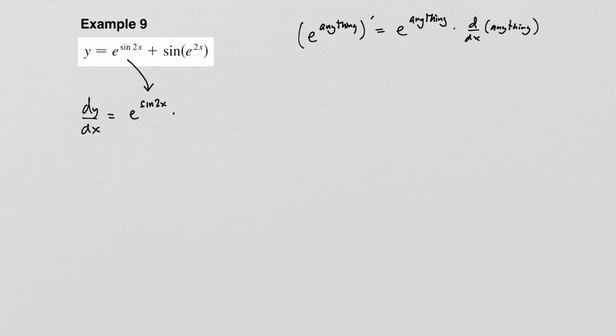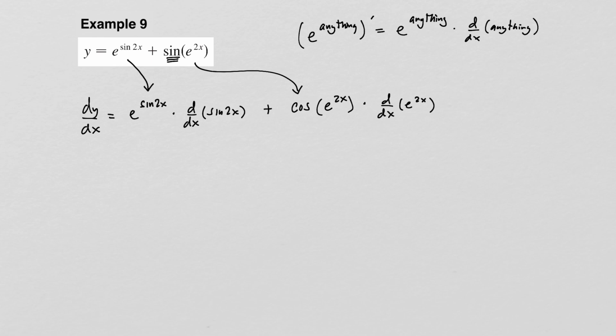So here we have to multiply by the derivative of the sine of 2x. Then we have plus the derivative of sine of e to the 2x. So now our outside function is the sine function, and the derivative of sine of anything is the cosine of that thing. And then we need to multiply by the derivative of that thing.